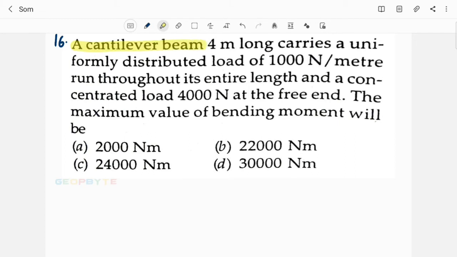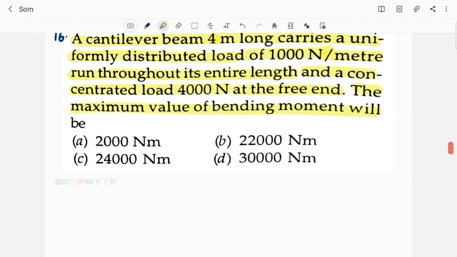A cantilever beam 4 meters long carries a uniformly distributed load of 1000 Newton per meter throughout its entire length and a concentrated load of 4000 newtons at the free end. The maximum value of bending moment will be, the diagram is looking like this.